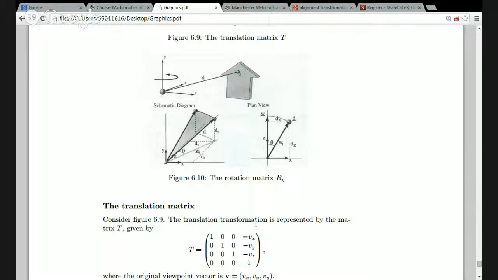Okay, but we're rotating all the objects, so the center of view will still have the same relative position to all the vertices and objects in the environment, because we're rotating absolutely everything in the environment. So if you look over the page then, we can see the triangle for determining the second matrix we need.